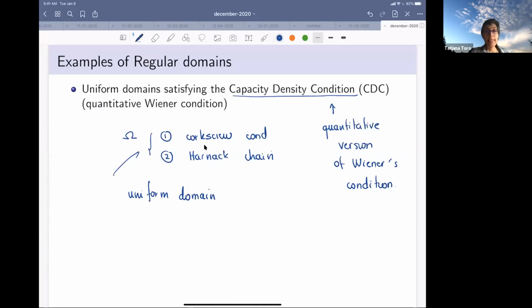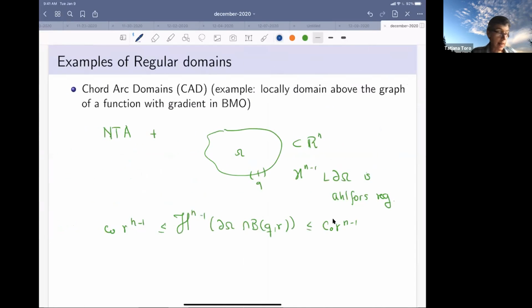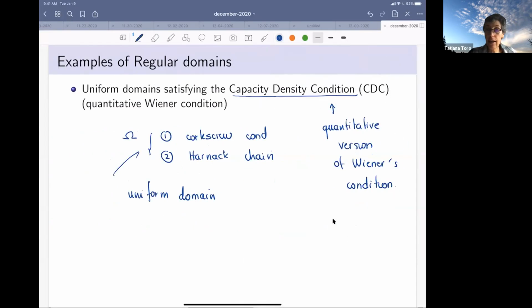But basically, if you have these conditions and you drop the Ahlfors regularity condition, you don't have a rectifiable boundary. So the exterior of the four-corner Cantor set in the plane satisfies these conditions. And having the CDC is an even weaker condition than having an Ahlfors regular boundary. So here we are talking about rather non-smooth domains in some sense.